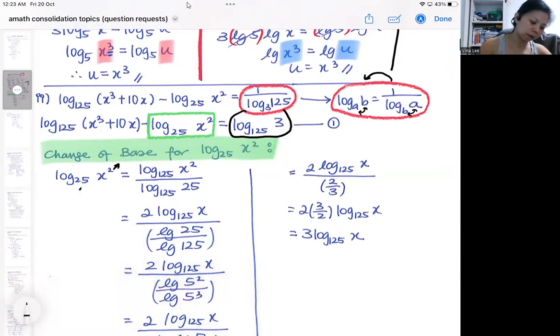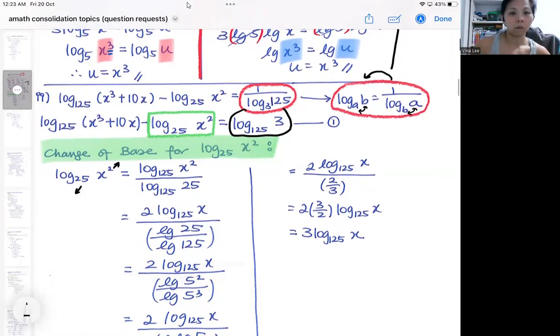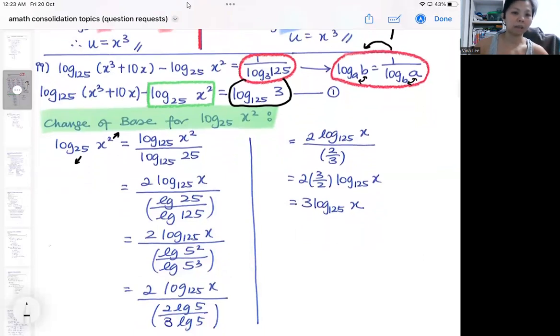So I execute my heaven and earth. I want to change to base 125. Okay. In the numerator, you don't need to touch anything, but in the denominator, you do need to simplify. And we do know that 125 and 25 are related. They are related by a base 5.